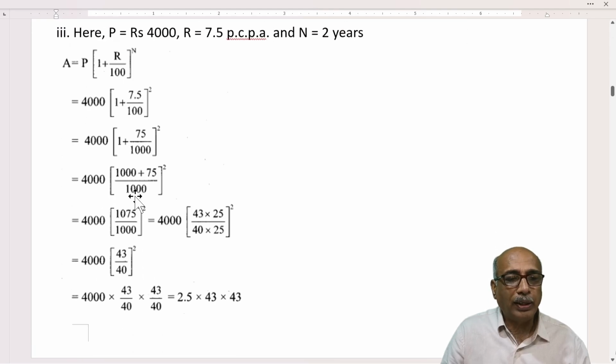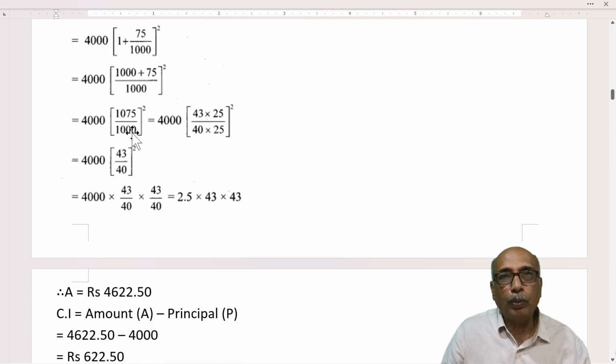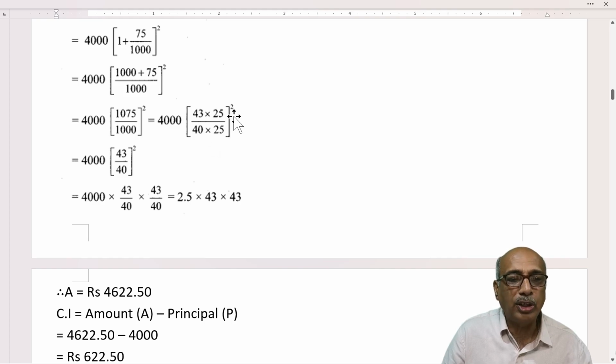When you simplify this, it goes by the multiples of 25. So 4000 into 43 into 25 is 1075 and 40 into 25 is 1000, raised to power 2. 25 gets cancelled. What is left? 43 upon 40 square. 4000 into 43 upon 40 into 43 upon 40. 0, 0 cut. What is left? 40. 4 ones are 4, 4 tens are 40.